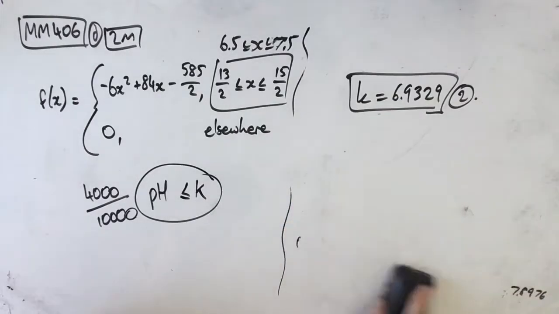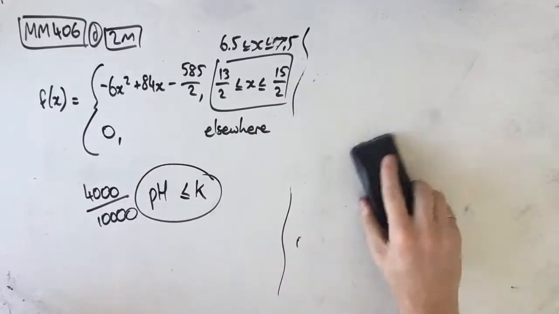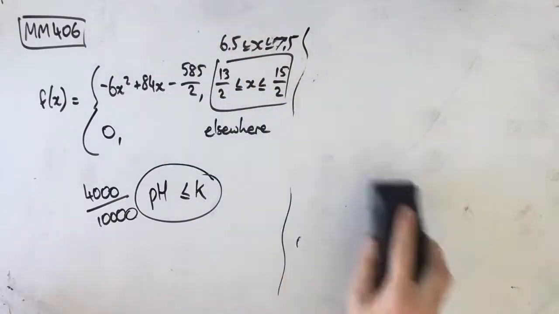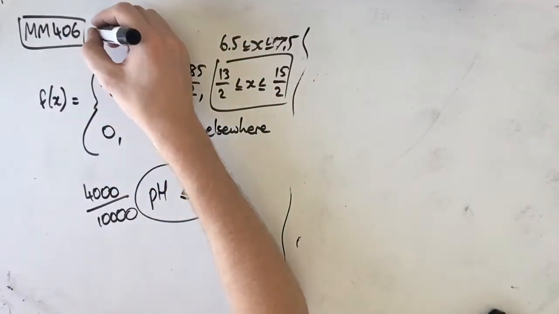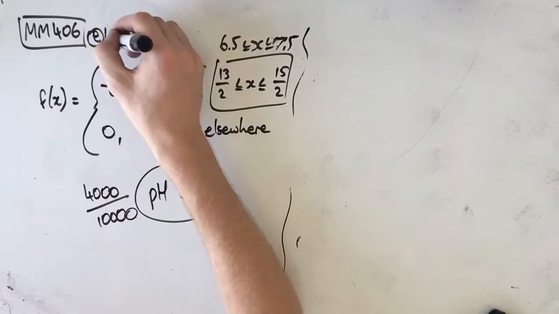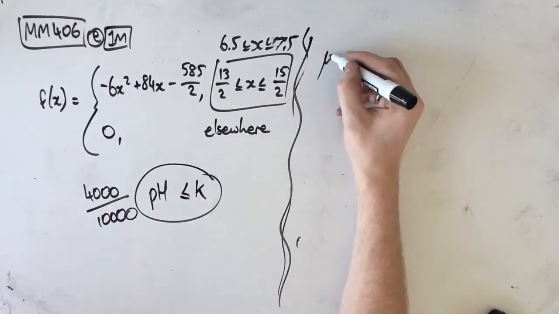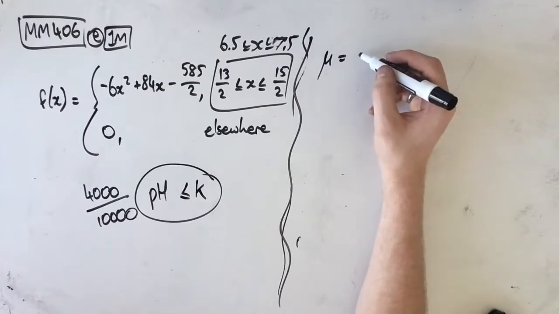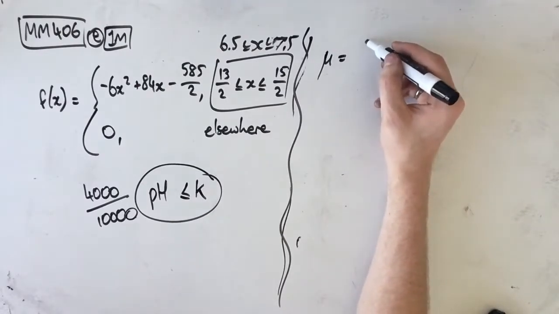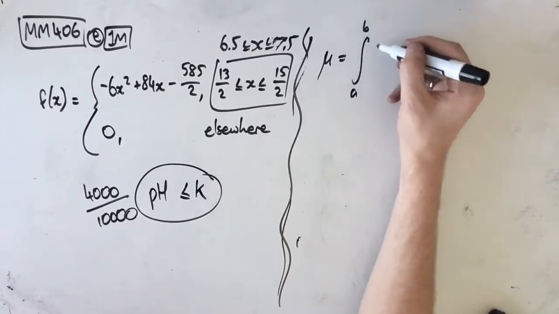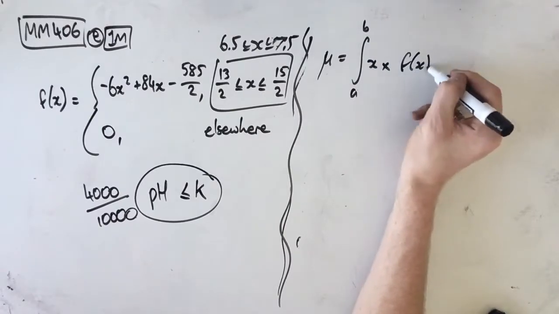Part E should be quite straightforward as long as you remember the mean formula. So part E tells us to find the mean of x. This is just a 1-mark question, so we can simply chuck it into our CAS and write the answer down. But the important thing to note is that the mean of a continuous probability density function is equal to the integral from the lower to the upper of x times f of x, dx.